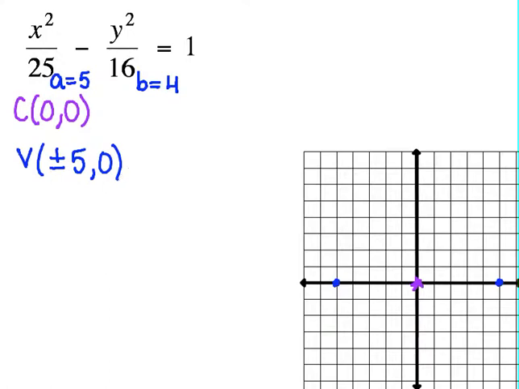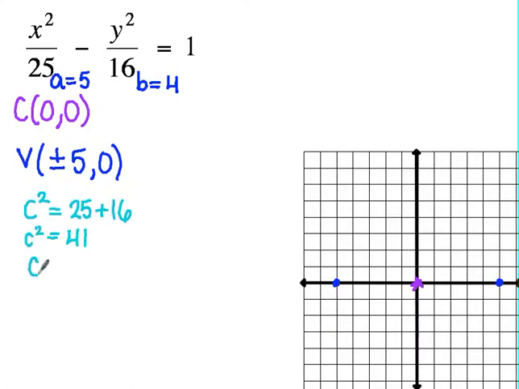What do I need to find now? Yep, so I'm finding the foci, very good. So c squared equals a squared plus b squared, which is 41.